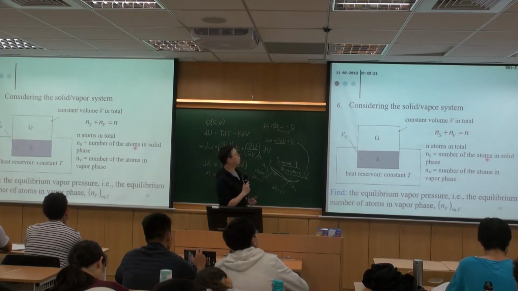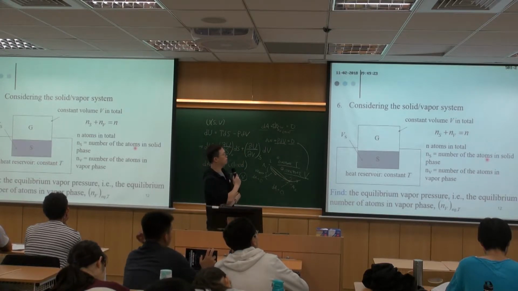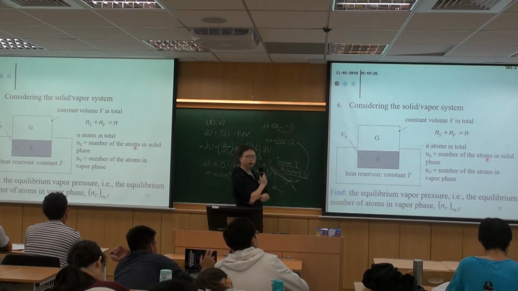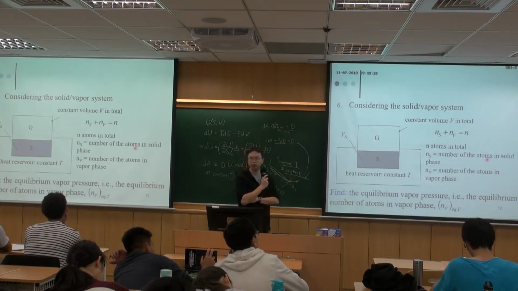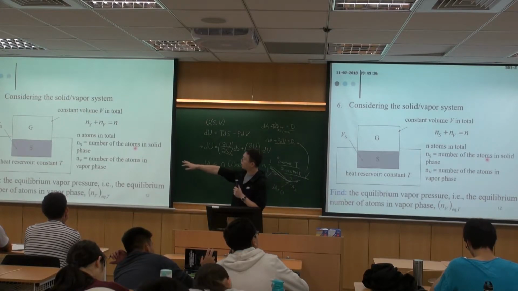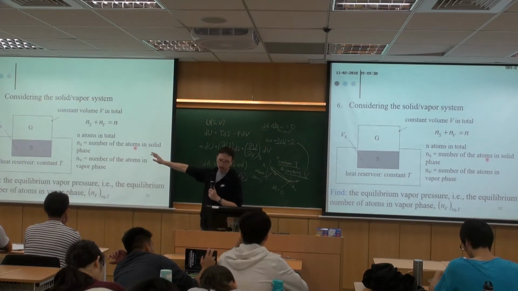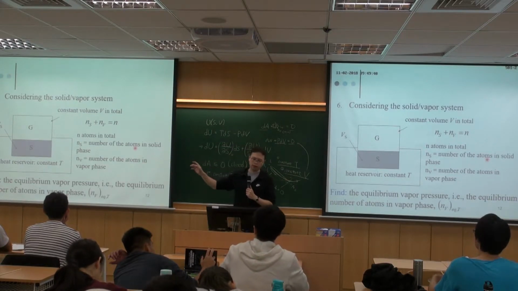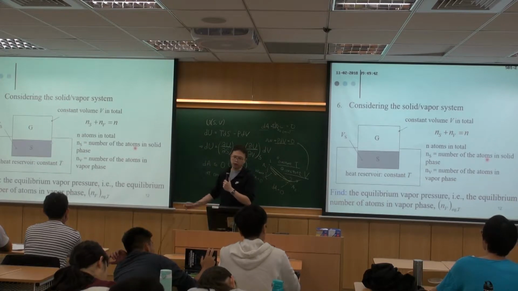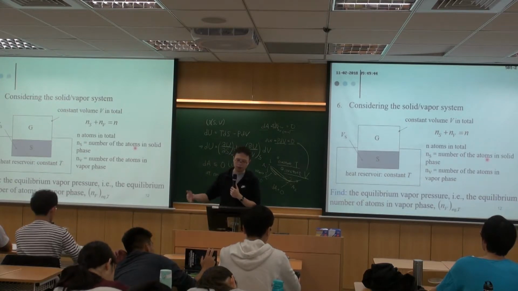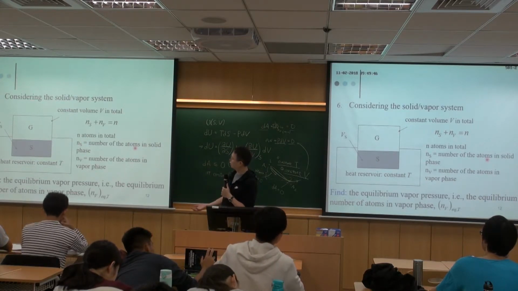So an example of the usefulness of Helmholtz free energy is, of course, we have to find a system with constant temperature and constant volume. And in this case, for instance, we're looking at a system with a solid phase and a vapor phase. So in this case, we're not dealing with liquid and gas. We're dealing with solid and gas.